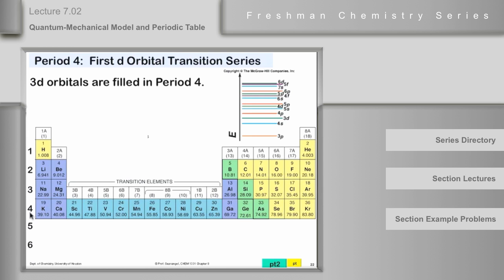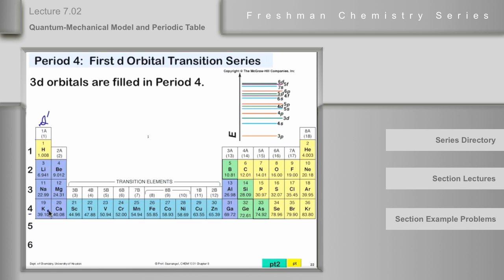Potassium, down in the fourth period. Okay? So in the filling sequence here, remember these are s1s. So that would mean potassium would be 4s with one electron. That would be its outer electron configuration, if you would. Okay, here it is right here.